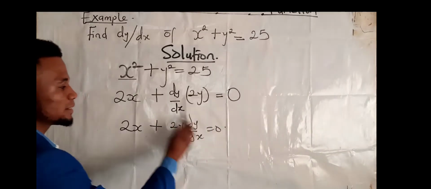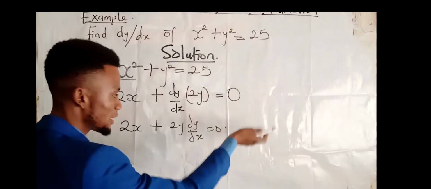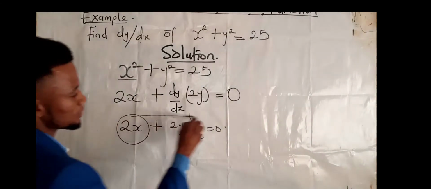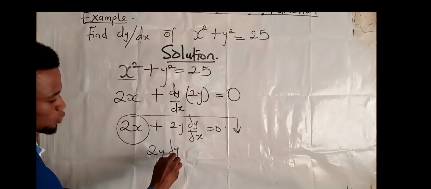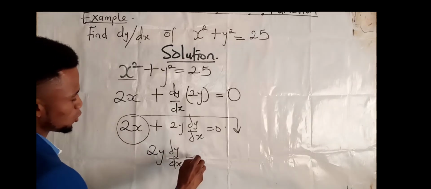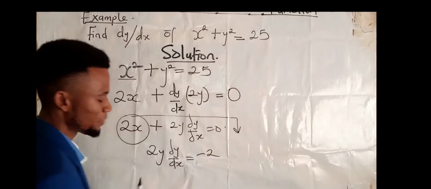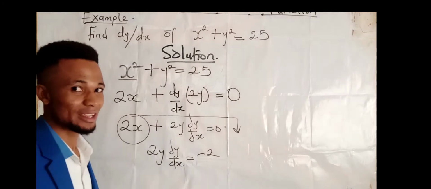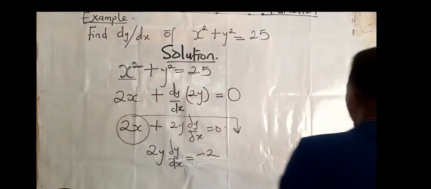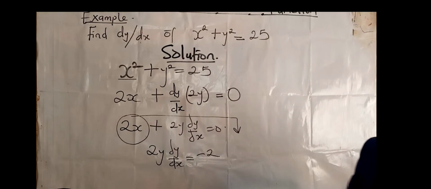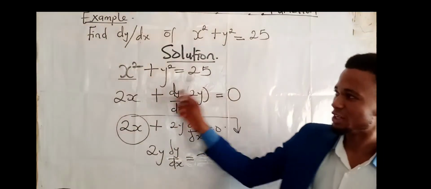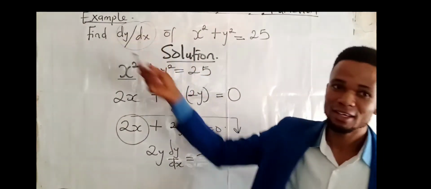Now, any term that does not have dy over dx, you take it to the other side. So this gives me 2y dy over dx is equal to minus 2x. Now, note something here. The question says find dy dx.